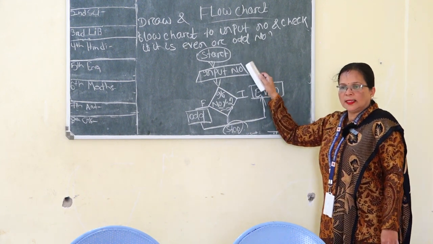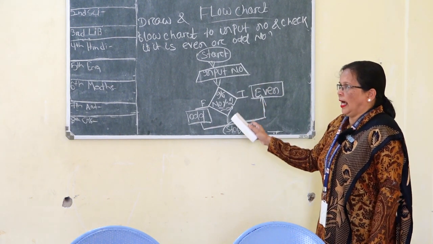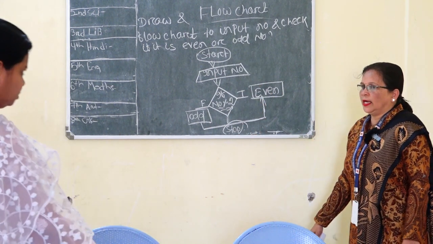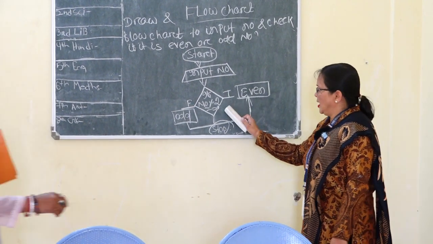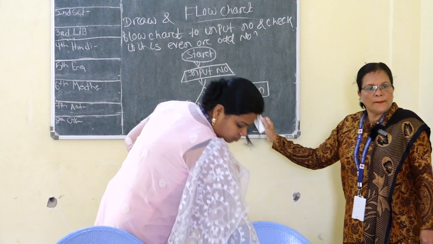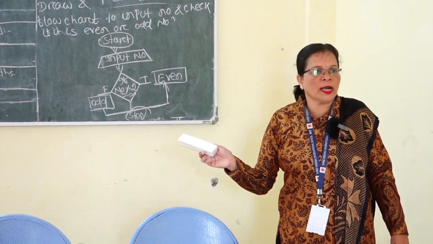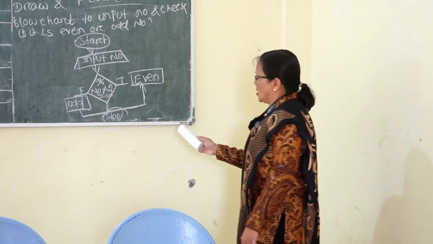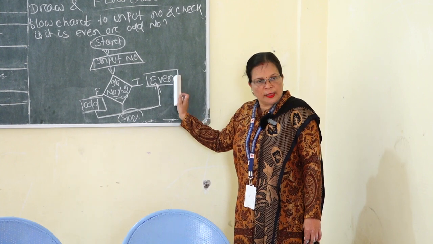First start, then input number, because our question is to input a number and check if it is even or odd. So it means if number percentage 2, this is not the percentage but the modulus operator. If any number divided by 2 gives remainder 0, it is true, then it is an even number.